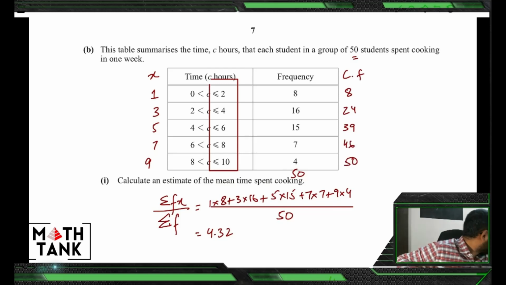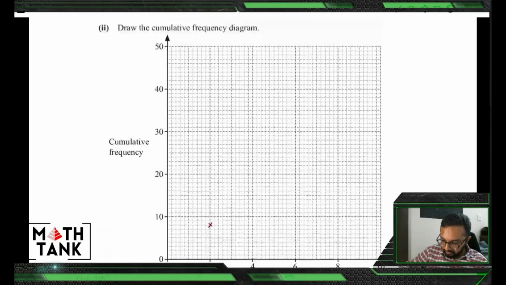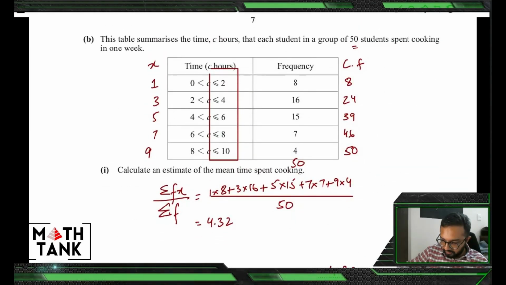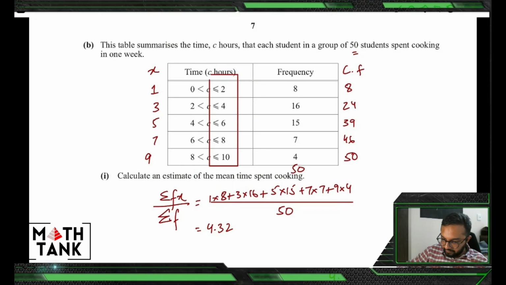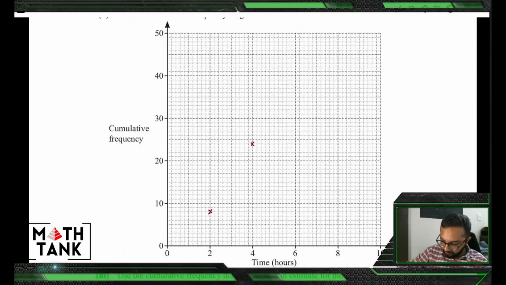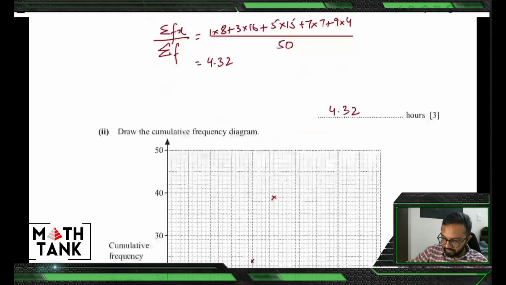Okay. So 2 and 8 mark across, 4 and 24, 5 and 39, 7 and 46.